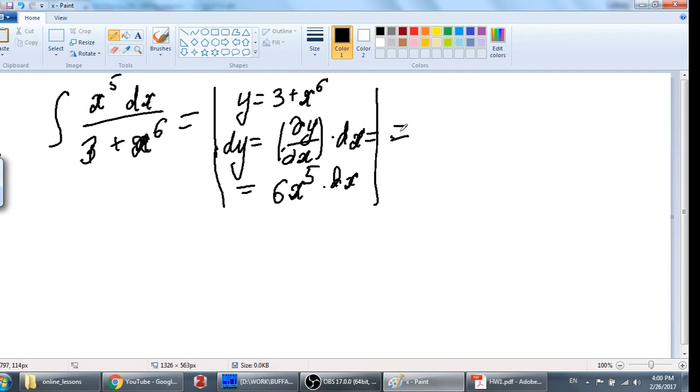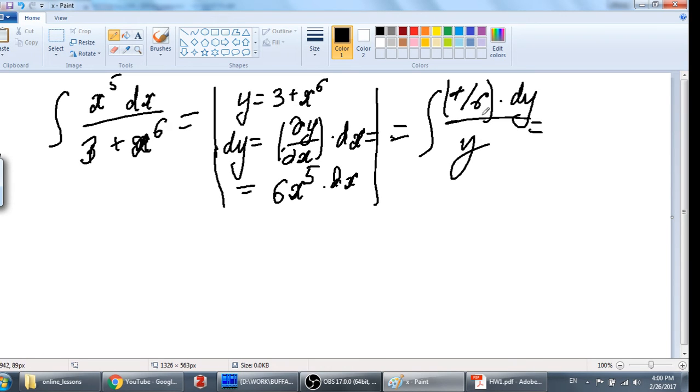So then we want to reformulate this integral in terms of y, our new variable. This part becomes 1/6 of dy, and here we have y, right?